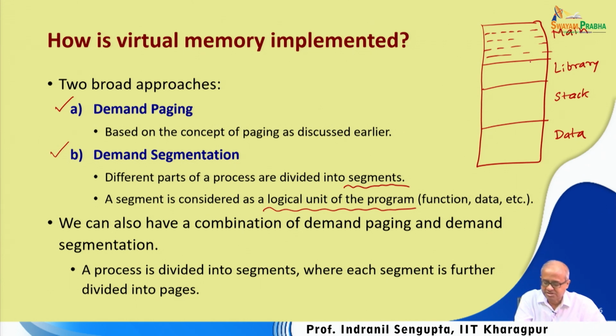So, the process is divided into segments, this is the first thing, and each segment is further divided into pages. This is a combination of paging and segmentation, this also we can have. Many of the practical computer systems use this combined version also, some of them use just paging.